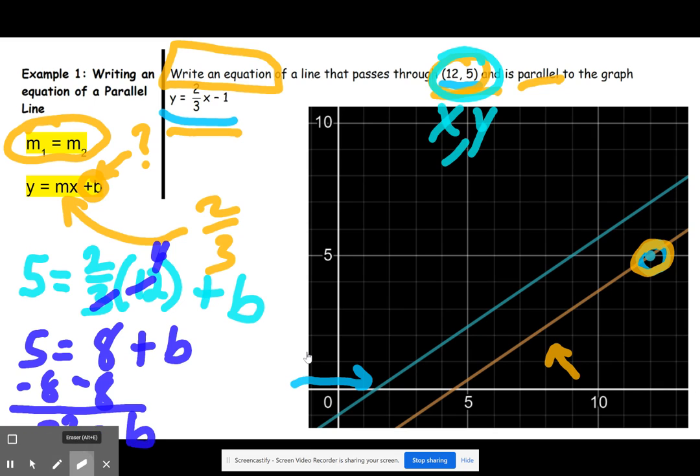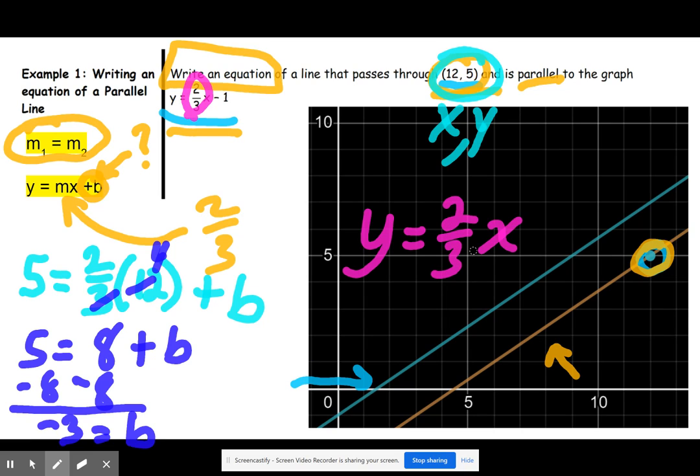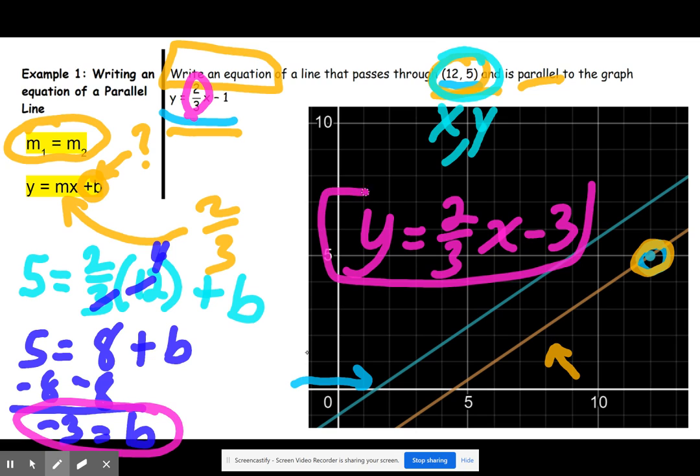So what's my grand equation after doing all this? My equation would be y equals the same slope, 2/3 x, and then my b, negative 3. There you go. That is the equation of this orange line that we were able to generate.